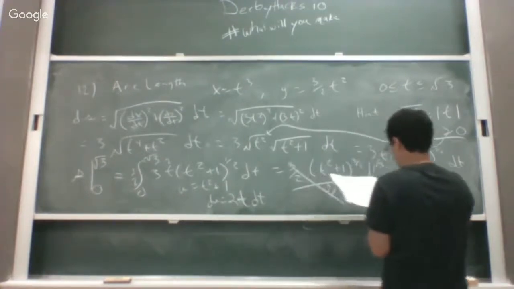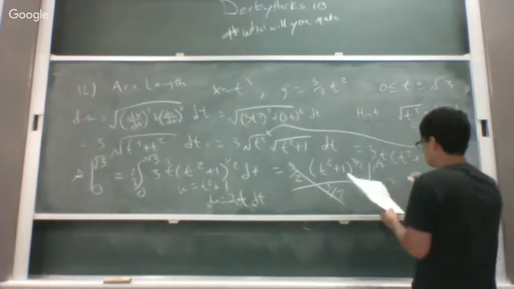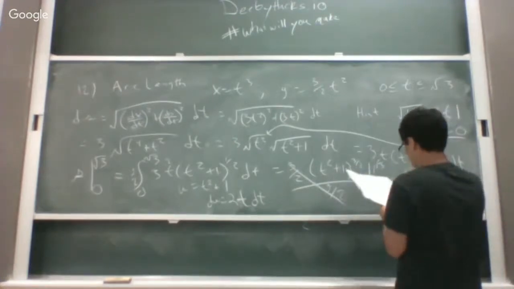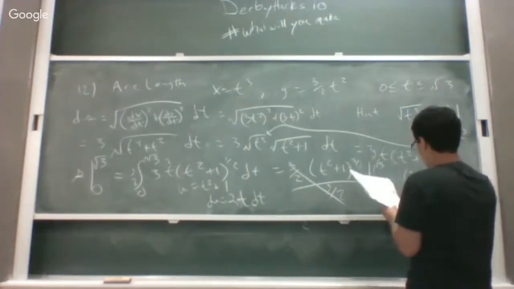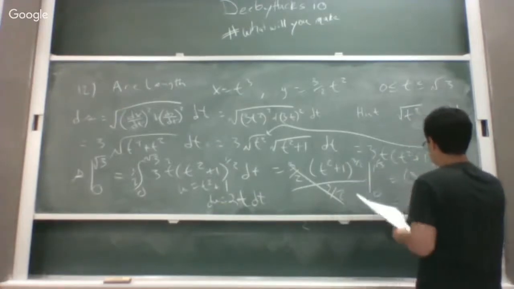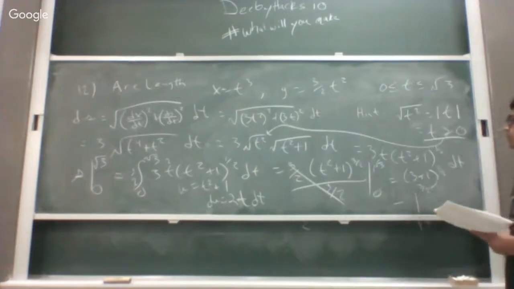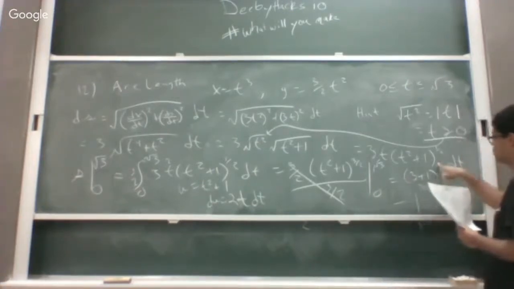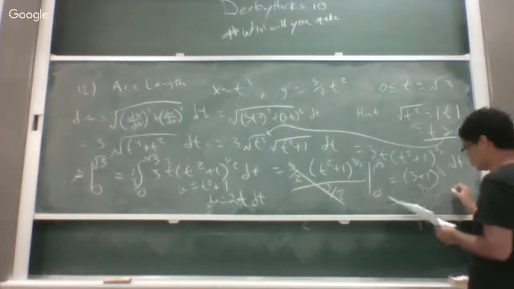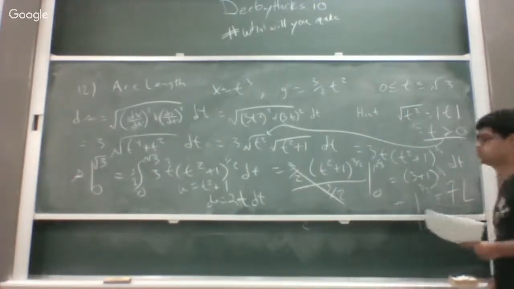So that's equal to, plugging in the square root of 3, 3 plus 1 to the 3/2 minus 1 to the 3/2. Does that make sense? That's equal to 8 minus 1, because 4 to the 3/2 power is 8, which is equal to a length of 7.